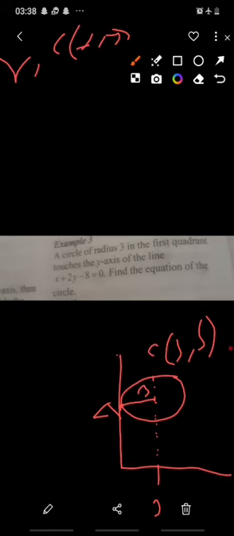We can get that from the line that was given. So we know that a line was drawn, or a line passed through this point.